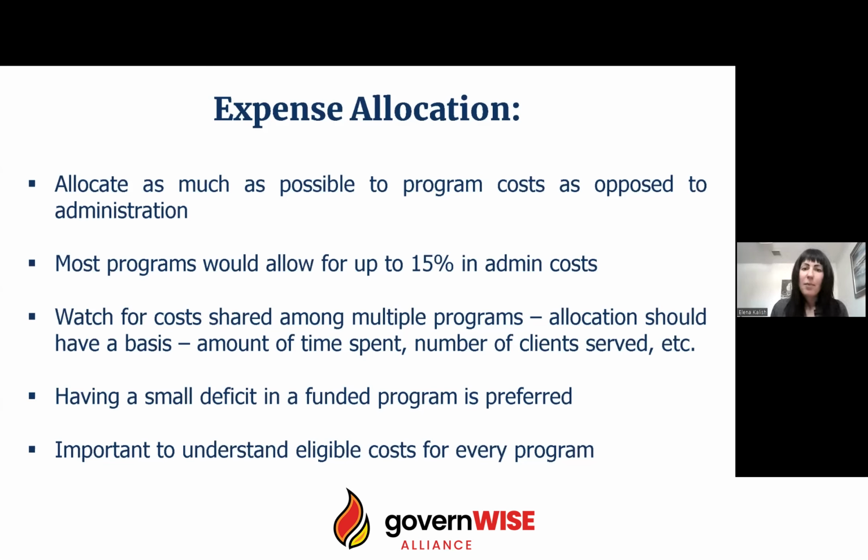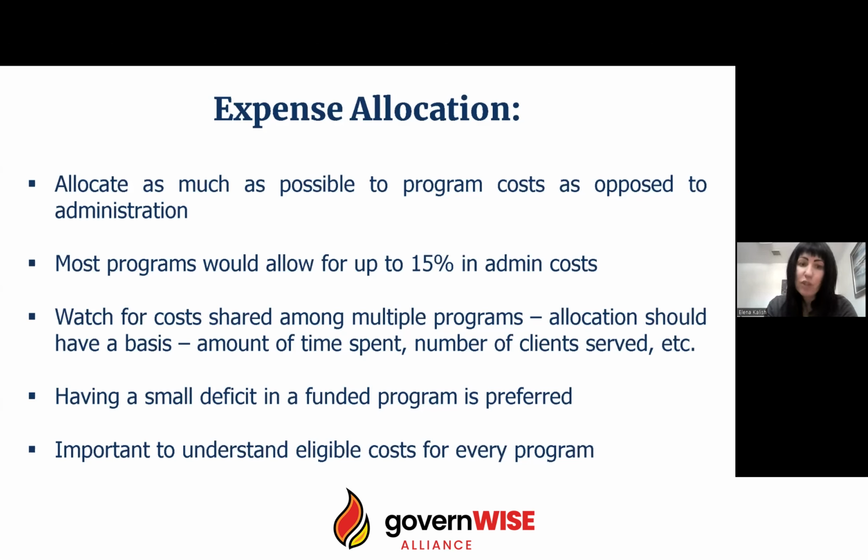Then consider allocating some of those admin costs. If your chief and council constantly provide oversight for a program, then it's very reasonable to allocate some of the costs to the band in that program. So having a small deficit in a funded program is always preferred.